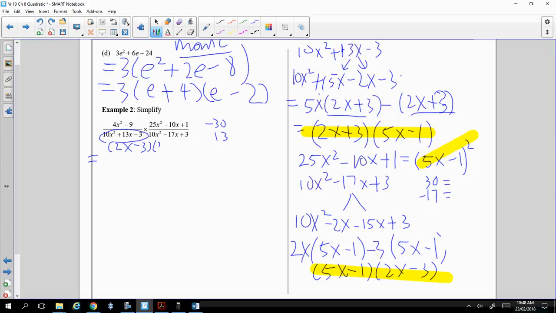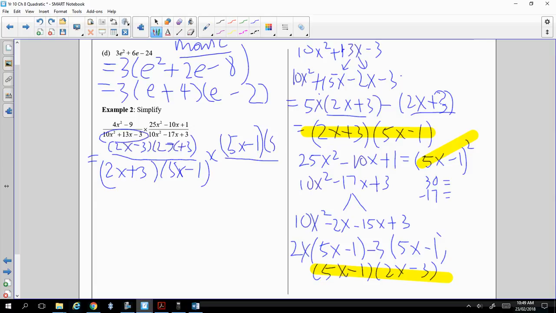And then rub this off. And then over the bottom, that will be 2x plus 3, 5x minus 1, and then times by 5x minus 1, and the bottom will be 5x minus 1, 2x minus 3. Very long question.